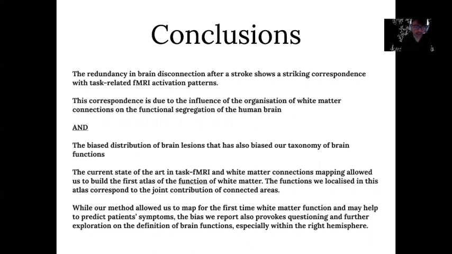And the two together give us the opportunity to build an atlas of function as we know it, because we use the current state of the art of task fMRI and white matter connection mapping to build the first atlas of the function of white matter, knowing that we don't know all the functions, we don't know all the connections, but this is good enough to build an atlas of what we know.